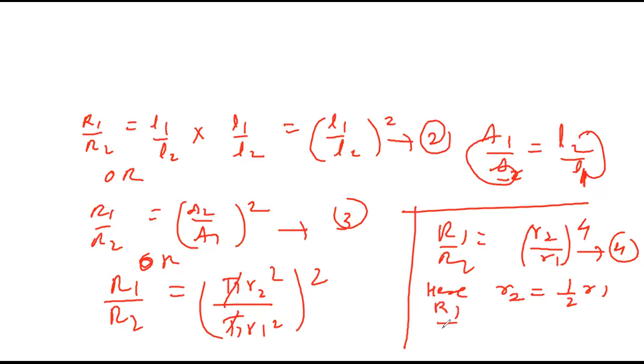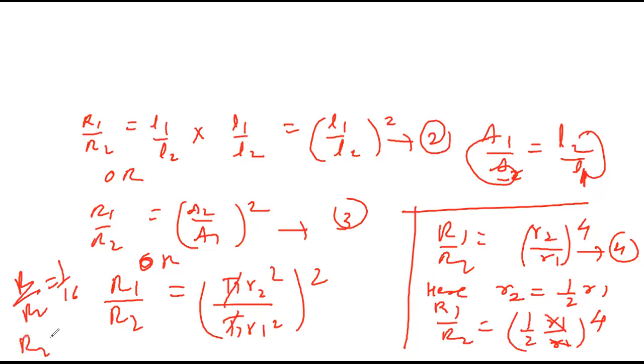So my R1 upon R2 will be half r1 upon r1 raised to 4. That means R upon R2 is 1 by 16. So R2 is 16 times R.